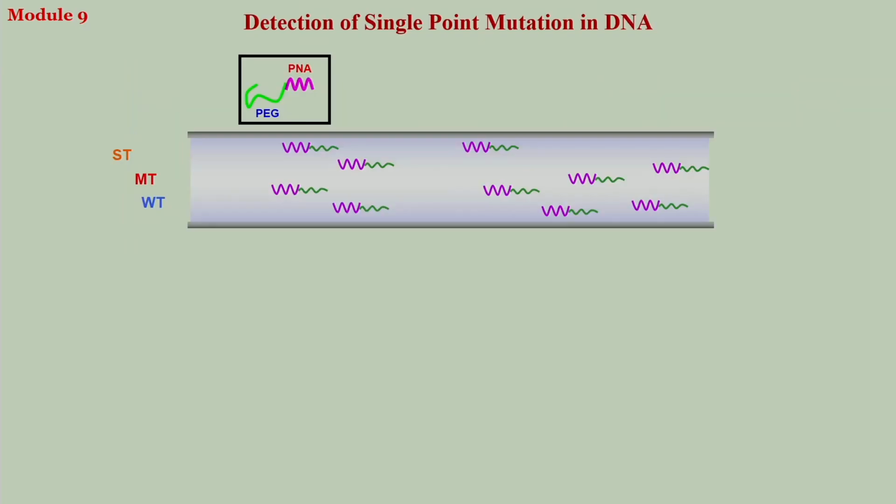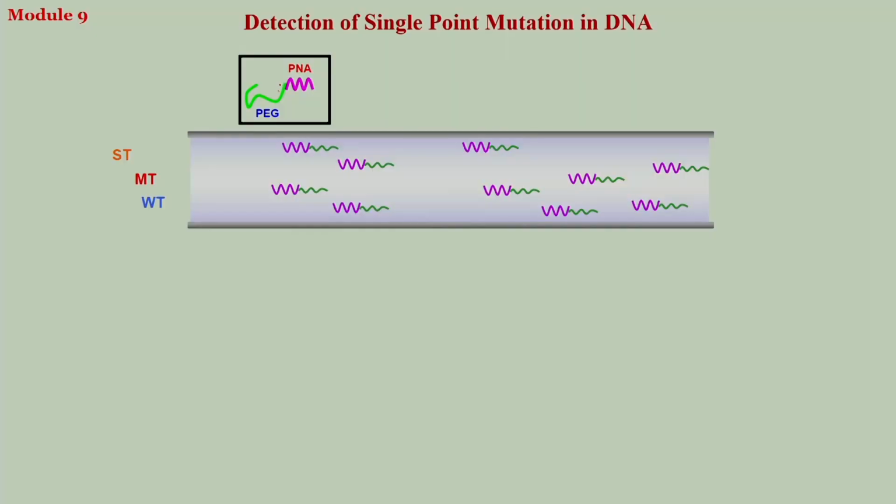So, this is an animation I had shown you before also. We have used this for the PNA and the polymer analog. We have done capillary electrophoresis, affinity capillary electrophoresis, that I had talked about before.